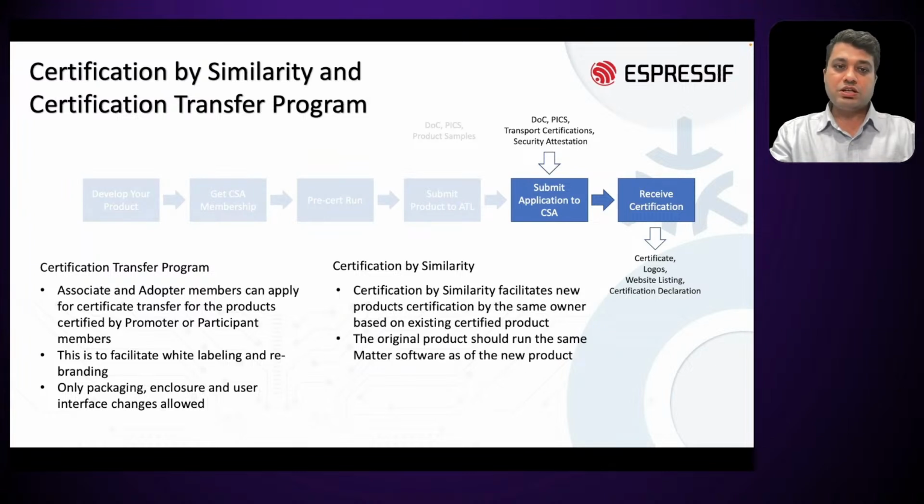In this case, the original product should run the same Matter software as the new product. And as per the CSA review, the CSA may ask you to conduct some additional testing. In both these cases, you don't have to undergo the complete certification through the authorized test lab.